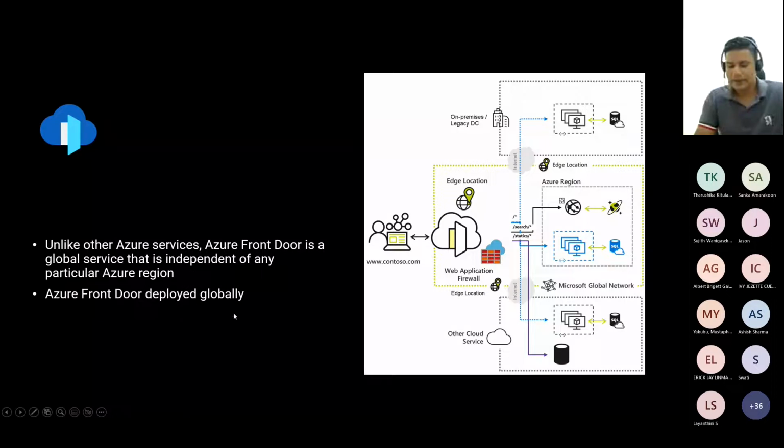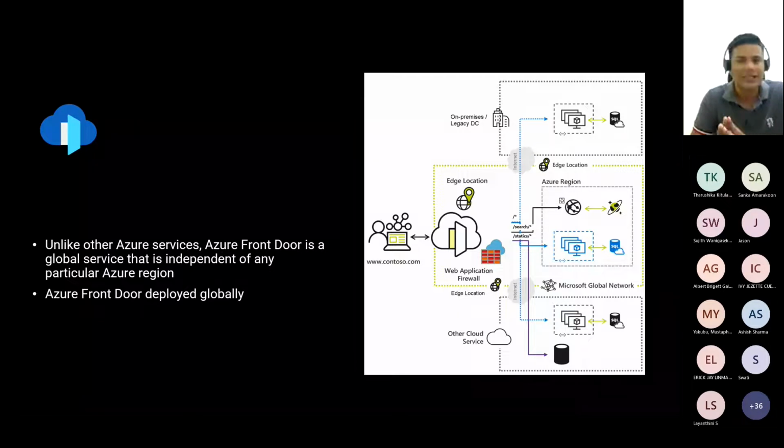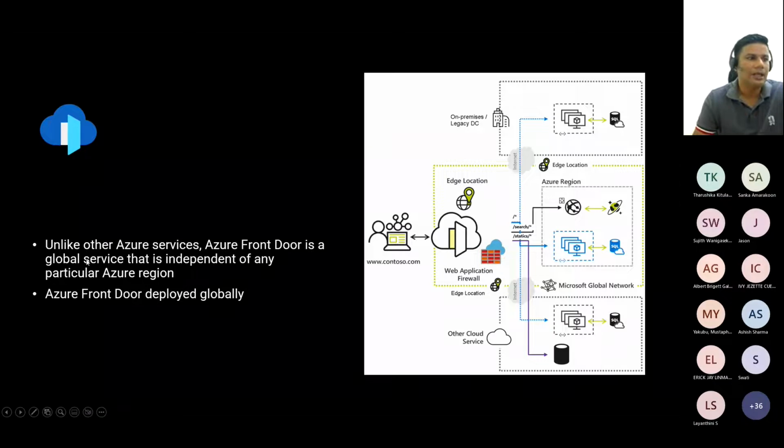Another thing: normally when we create a service in Azure, we always choose a region. But when you create Azure Front Door, you won't see a region selection, because it's global. That's what it's saying here: unlike other Azure services, Front Door is a global service, independent of any particular region.